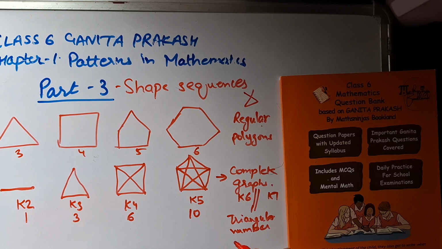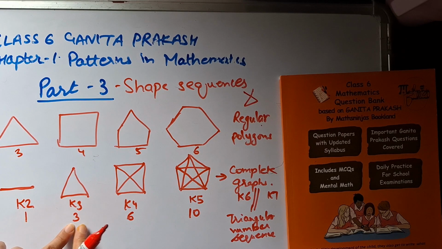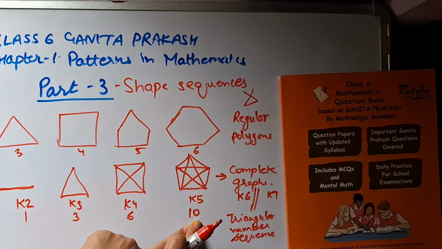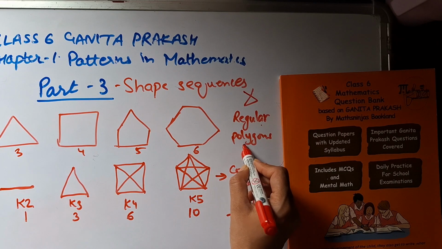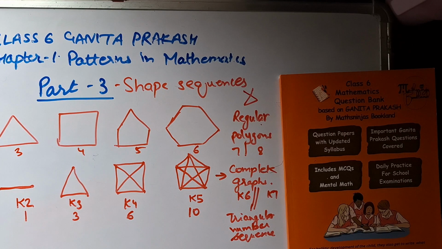Triangular number sequence is a sequence when you add up counting numbers: 1 plus 2, 3, 3 plus 3, then 6 plus 4, then 10 plus 5, and so on. So you have to make K6, K7, and here also you make 2 more steps and see how many line segments you get and what kind of figure you get.